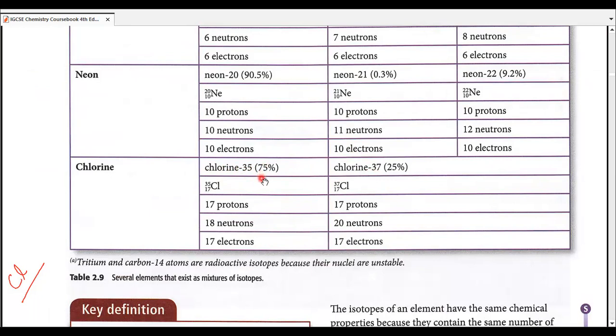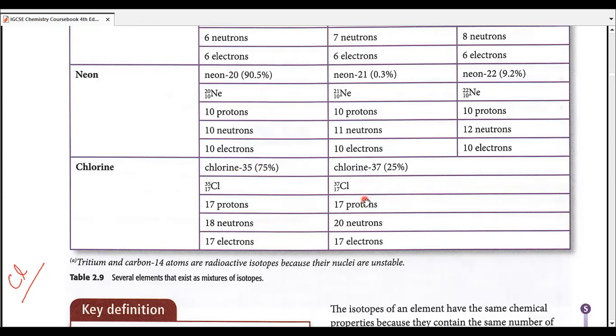Next to it, you'd notice the percentage abundance. On this planet, we find 75% of the time the isotope we encounter is chlorine-35, and 25% of the time we encounter the isotope chlorine-37.